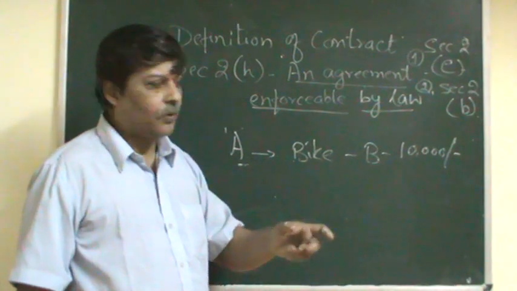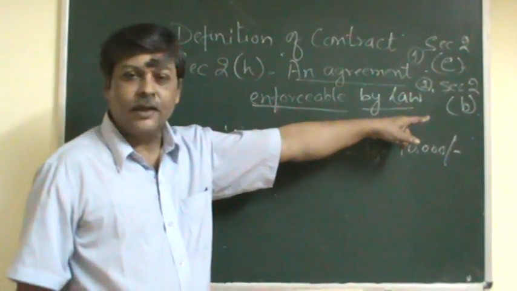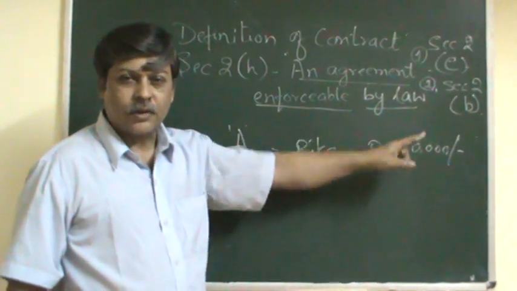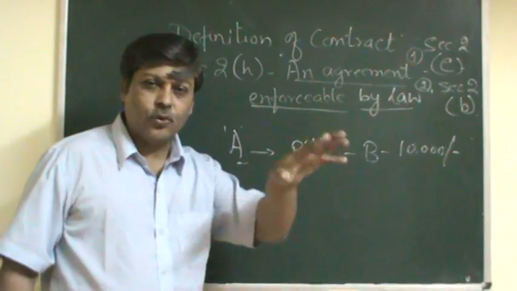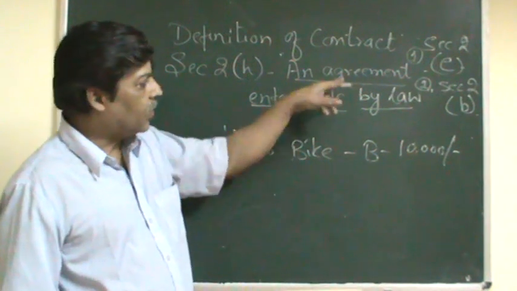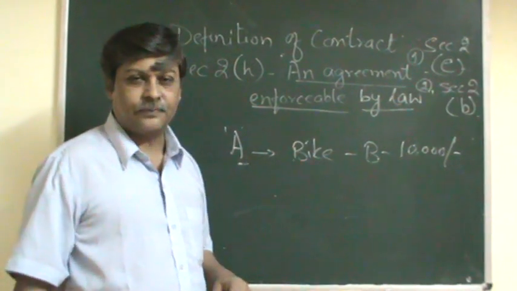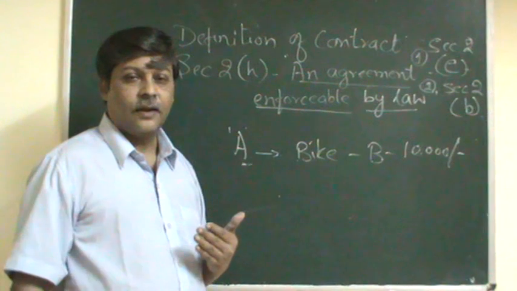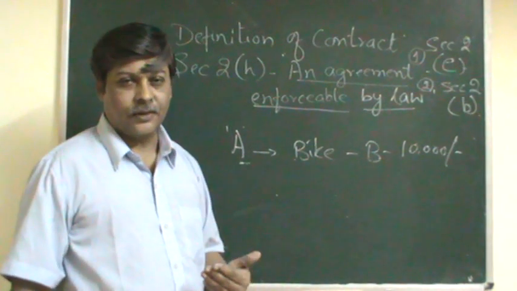Then what is a promise, which is defined in section 2 clause B? That helps you to get the meaning. That is what you have to know, that is an agreement. These are the things to be understood.